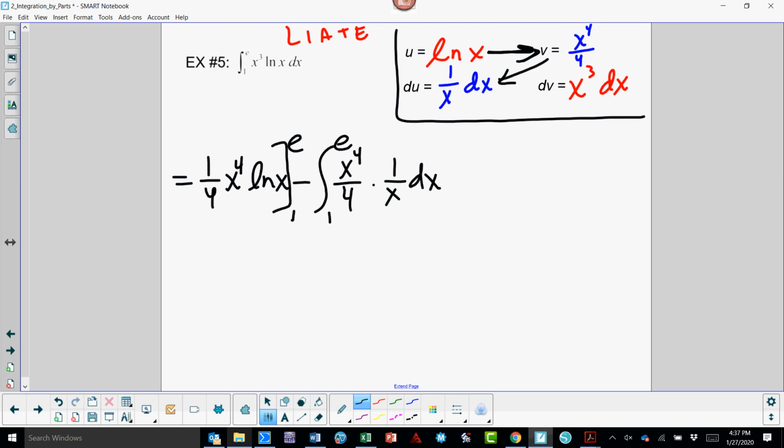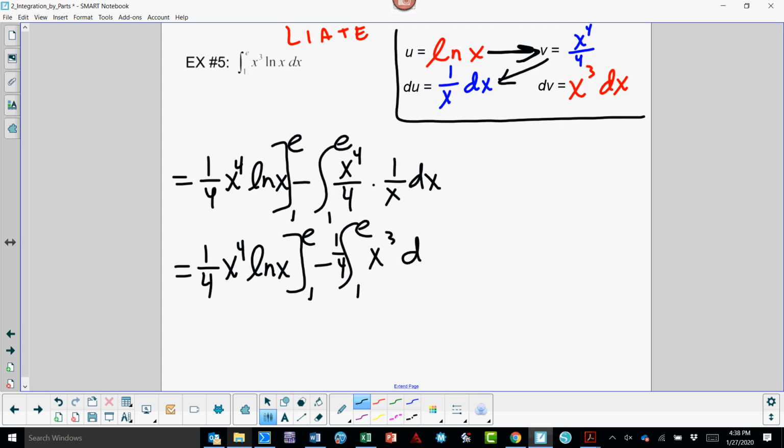I'm not going to plug in that stuff now because I'm getting ready to integrate the other one. We'll do it in 2 steps, but you could probably have done that in your head. You're going to end up with 1/4, which I'm going to write in front of x cubed dx, because x to the 4th over x would be x cubed.